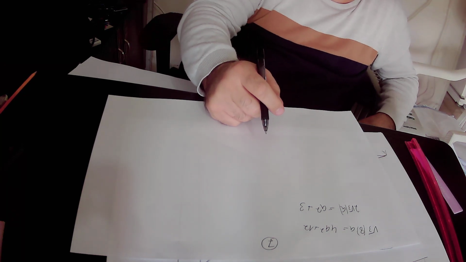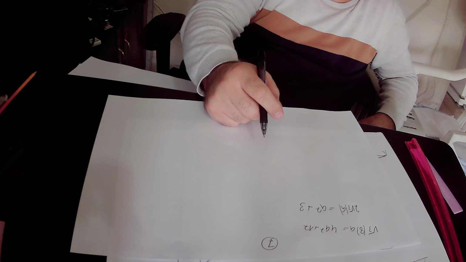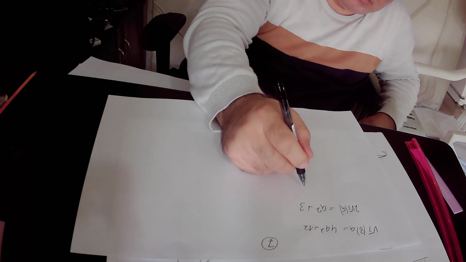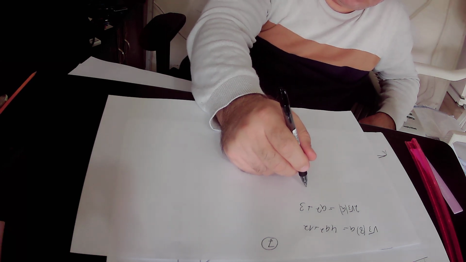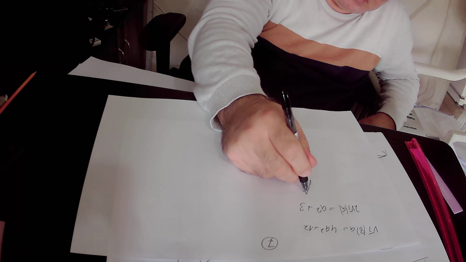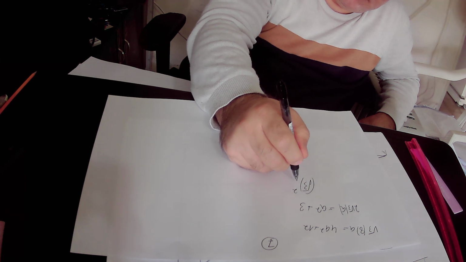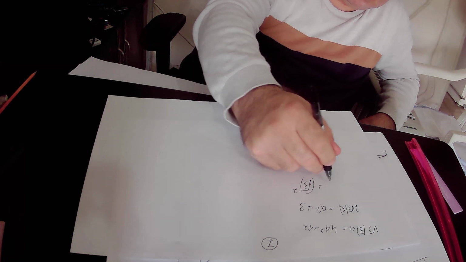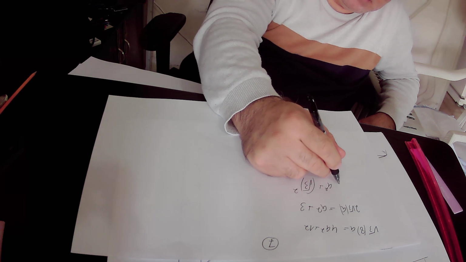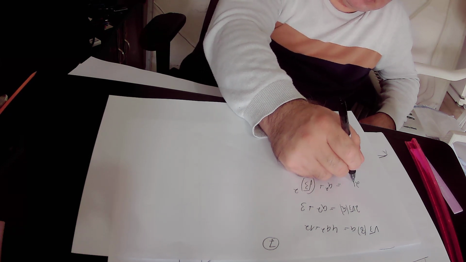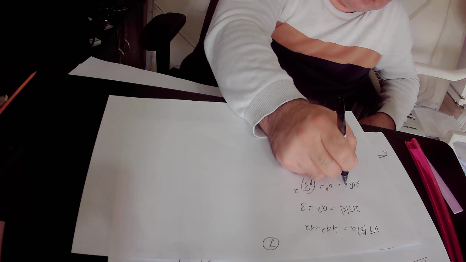But we also know that the square root of 3 squared is equal to 3, so we will substitute 3 by square root of 3 squared, that is actually 3, plus a squared equals to 2 times square root of 3 times a.